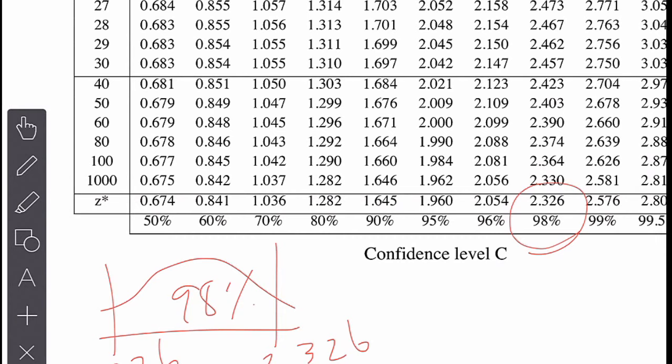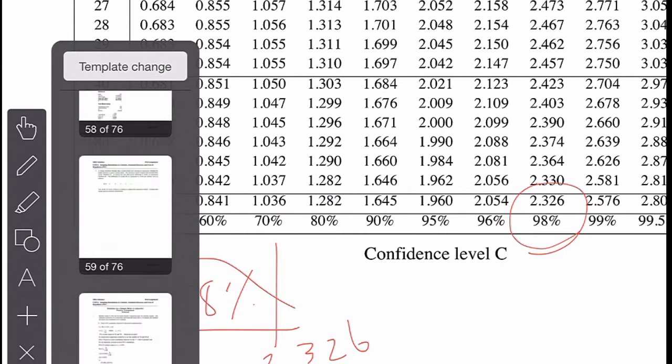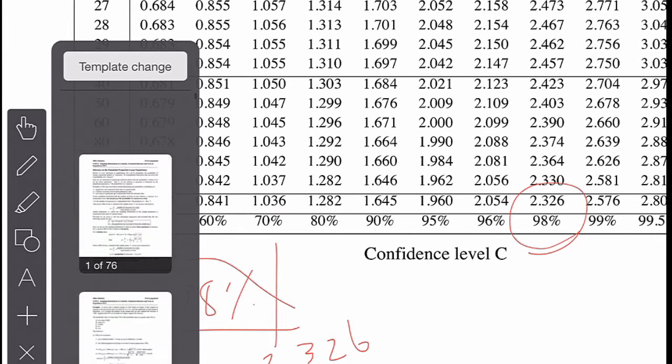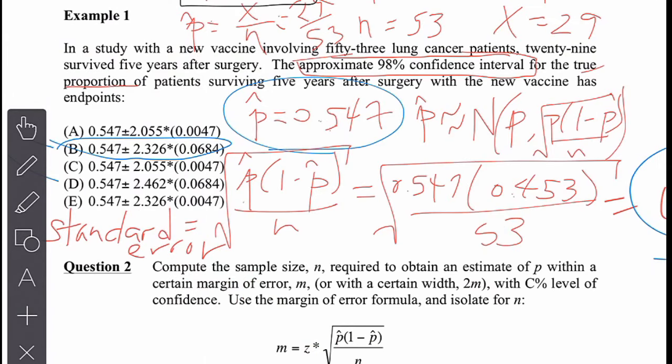Away from the mean. So that's what I'm going to use for my critical values. That's what I call those. Alright, so those are critical values.